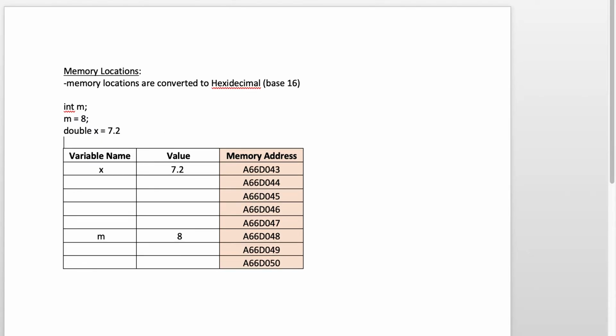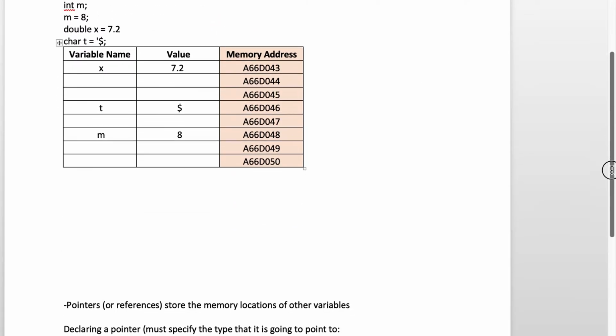If I say char t equals the dollar sign, it's like this. It'll choose a memory location that's available. Let's say this one's available here, and it'll store that character and so forth. So it's not quite as simple as this, but this is okay just for learning what this is.